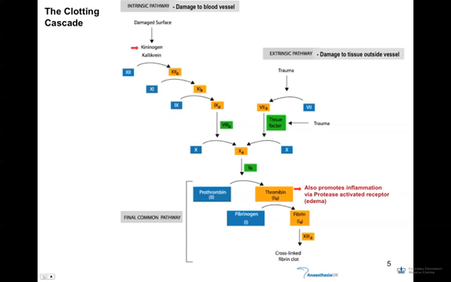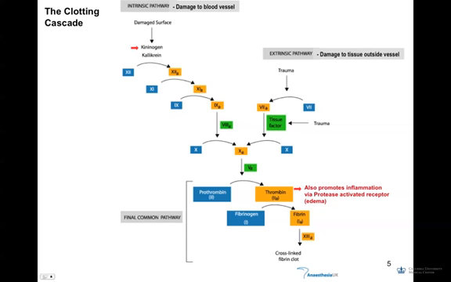The two basic ways that the clotting cascade is classically triggered are damage to the blood vessel surface, which activates this factor 12, and damage to tissue outside of the vessel. Damage to tissue outside of the vessel produces a mediator called tissue factor, and that activates the clotting cascade, but it activates it further down in the cascade at factor 10.